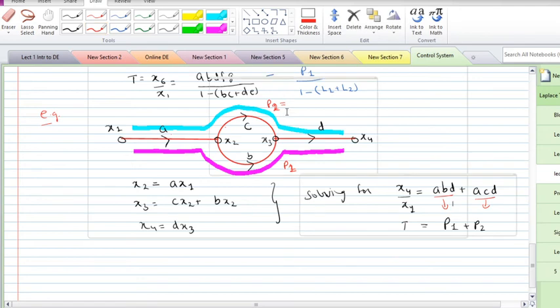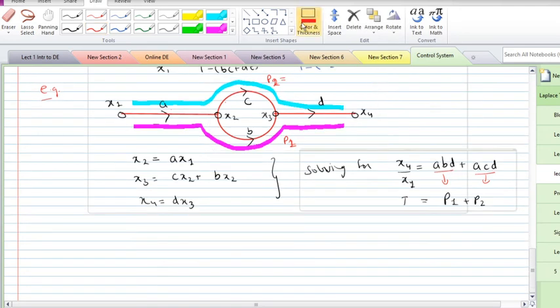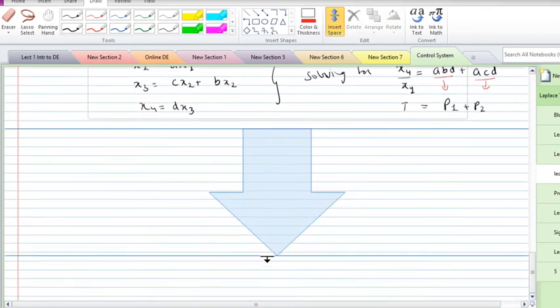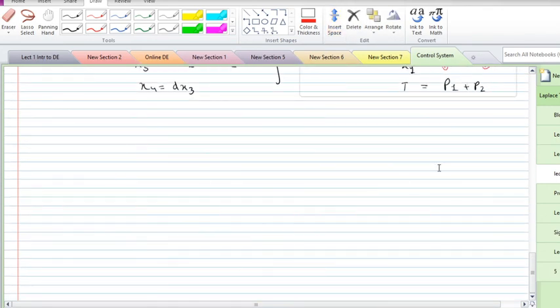Now take another example. The picture will be more clear from the next example. Suppose we are again having a signal flow graph like this.